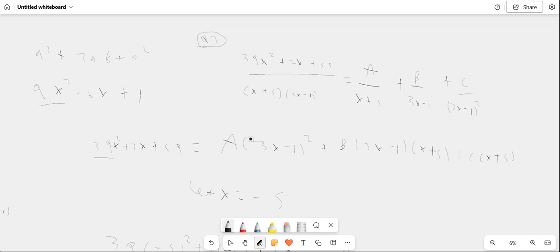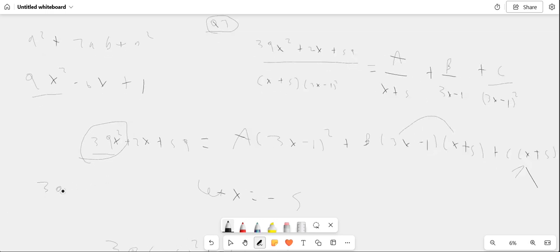So as a result, if I expand that, that's going to give me 9x squared. And if I expand these two, 3x times x is 3x squared, times by b is 3bx squared. So this is not going to give us an x squared term. So to get this 39x squared, that means that 39x squared has to be equal to 9a x squared plus the x squared that we got from b. So that's 3bx squared.